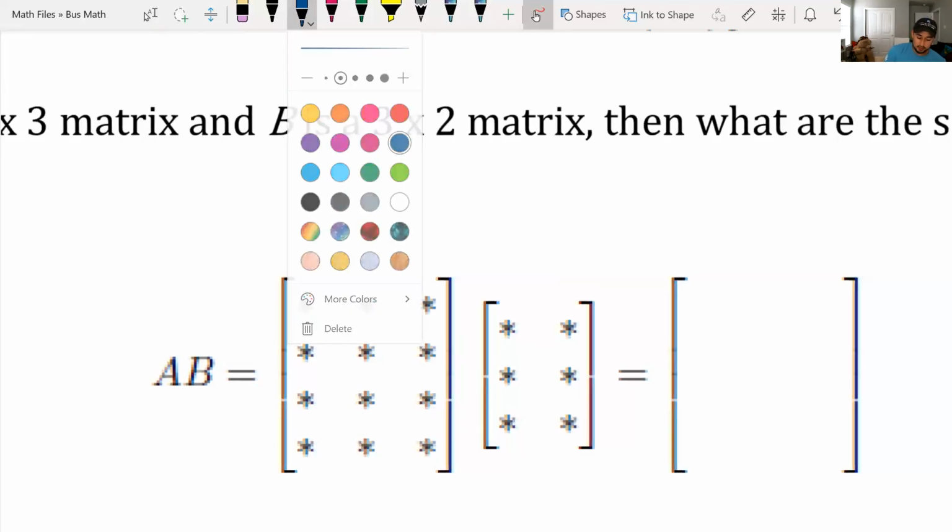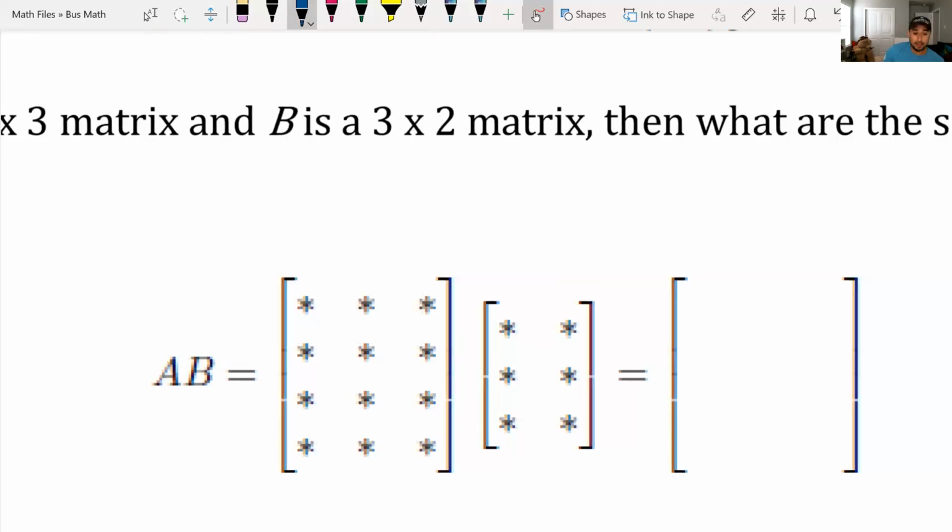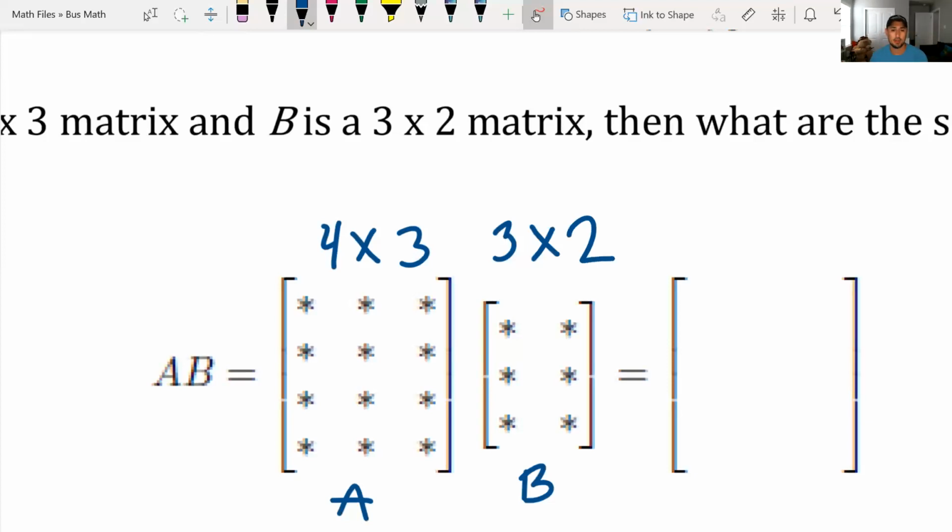Looking at matrix A, it has 4 rows and 3 columns. Now looking at matrix B, it has 3 rows and 2 columns.